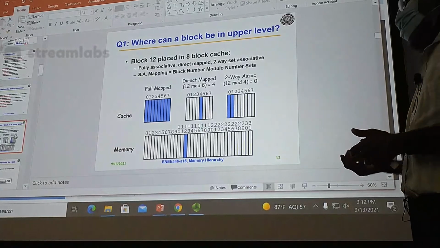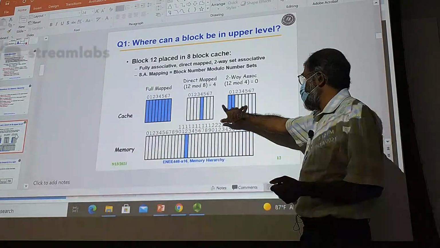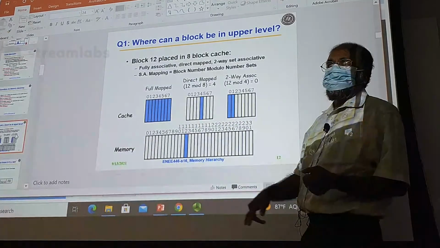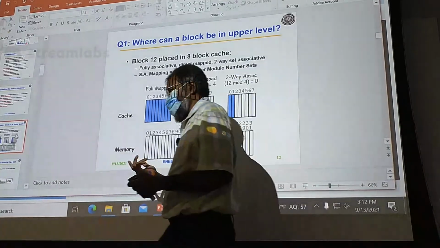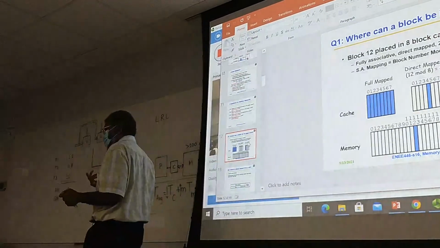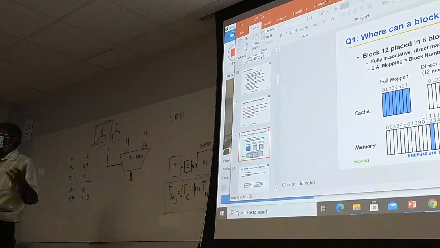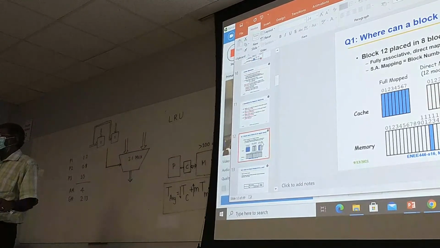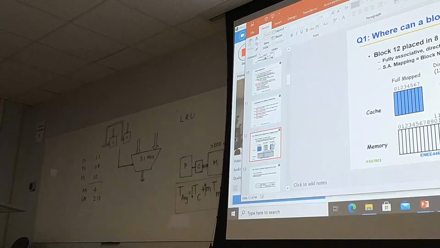So some cache designs, especially when the associativity is bigger, would just randomly replace one of them. That means you don't need to really keep track of how the usage is, etc. Obviously, the performance would be a little worse than LRU.